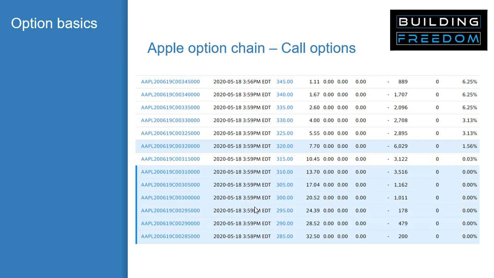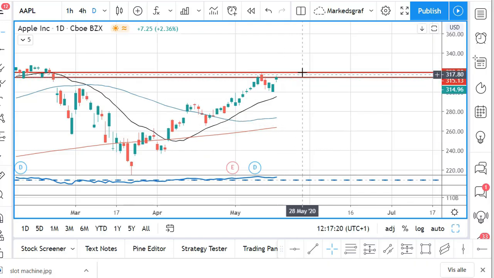So if we're going back to the chart, we can see that we are at 315. We would like, a month from now, to be able to buy Apple stocks at 320. So what would that cost us? Let's have a look.